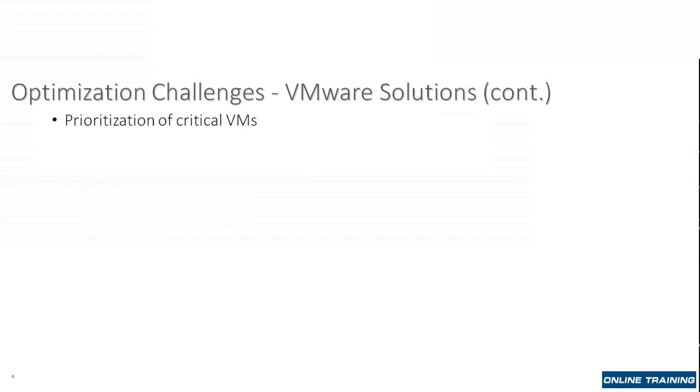And then we've got the prioritization of critical VMs. There's a number of tools built into vSphere to accommodate this. The vSphere distributed switch supports quality of service marking of traffic. What this means is I can identify certain criteria in my vSphere distributed switch based on a number of different factors.